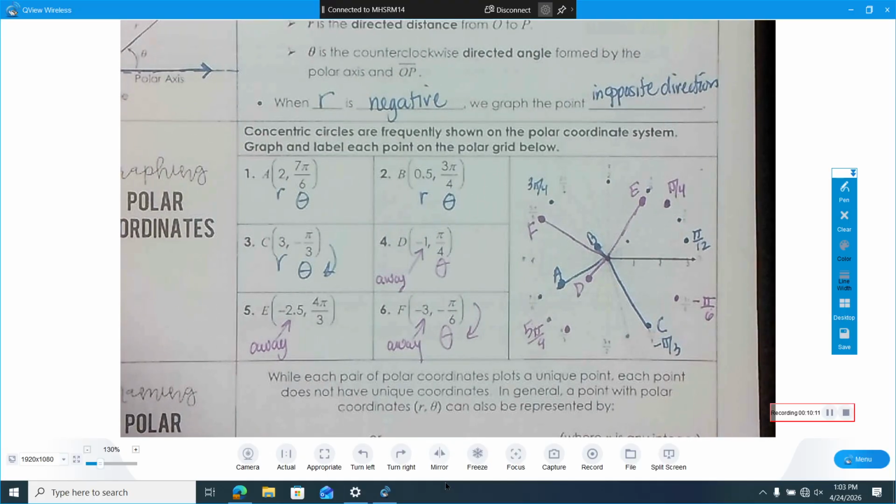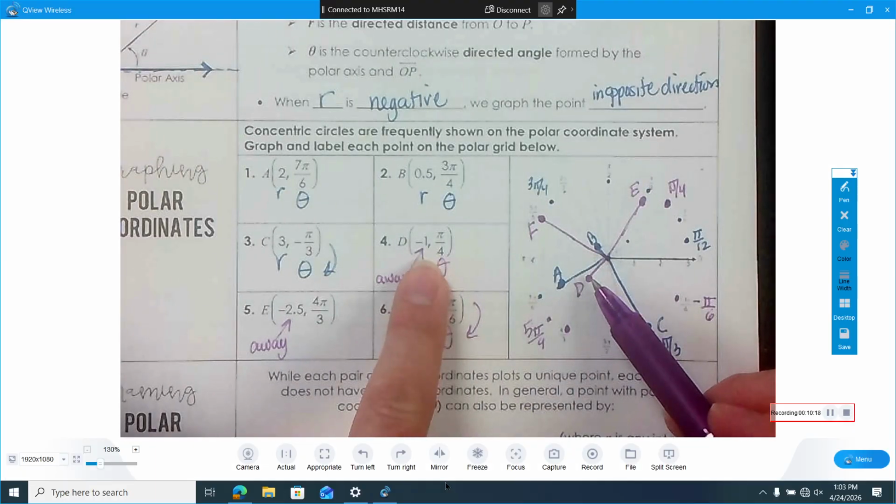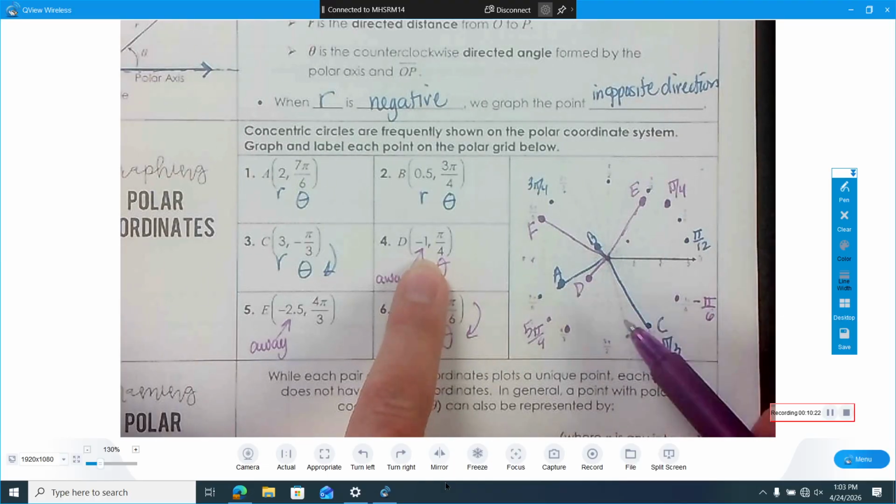So if we can graph them, and you'll notice that, for instance, we said point D had a negative R value. I want to be able to give it multiple names. Is there another ordered pair that I could write that would also fall at point D?